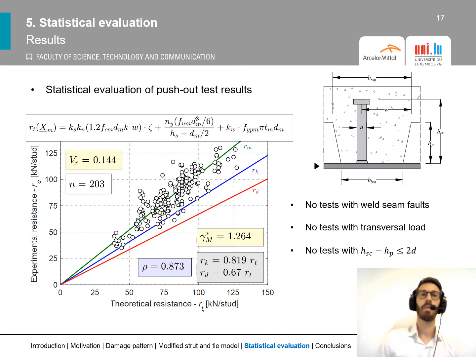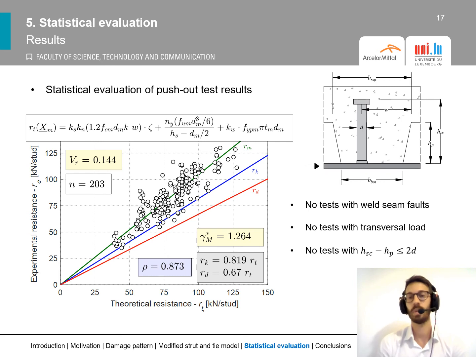Now, in order to check the suitability of this resistance function, we carried out a statistical evaluation of the push-out test results. We considered a database of 203 push-out tests without transversal load applied and without reported weld seam faults.